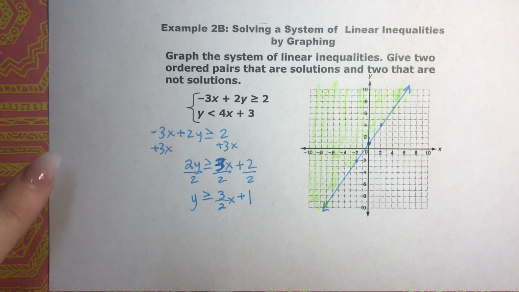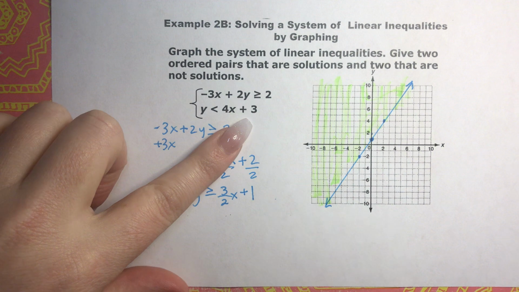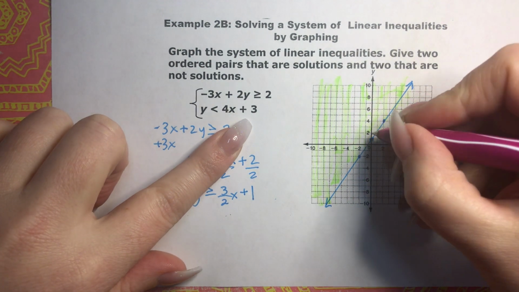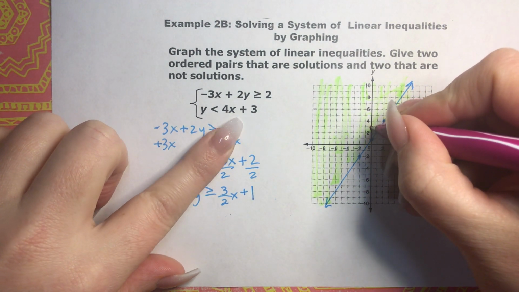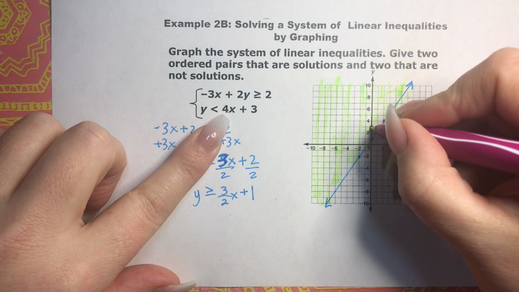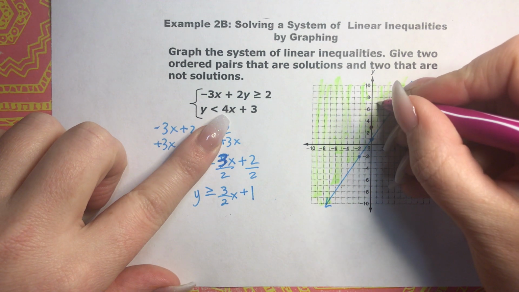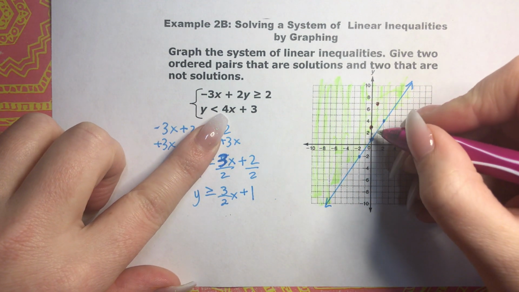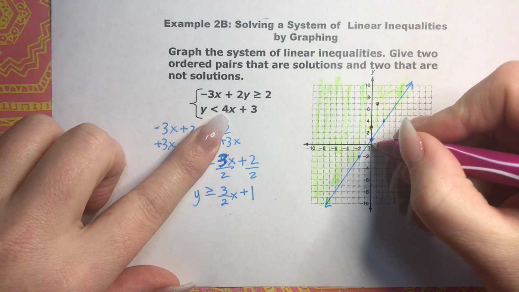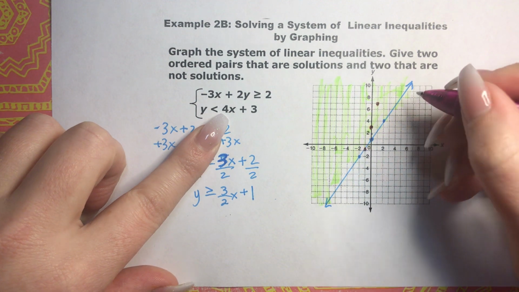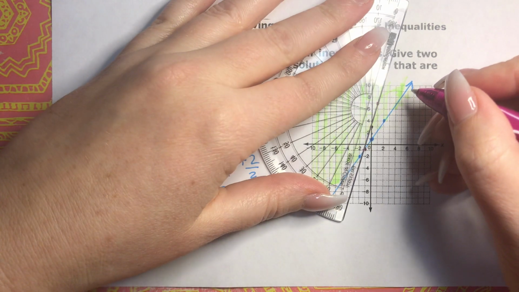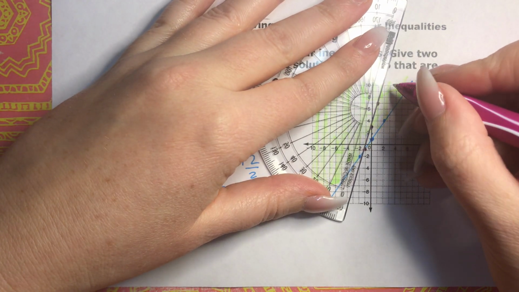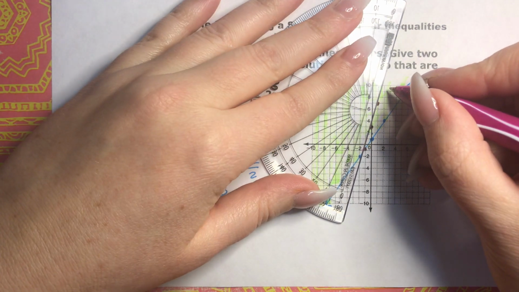And then what's the other one? Okay, so the y-intercept is 3, and then up 4 over 1, and then the opposite, which would be down 4 over 1 this way. And, oh, is it a dashed line?